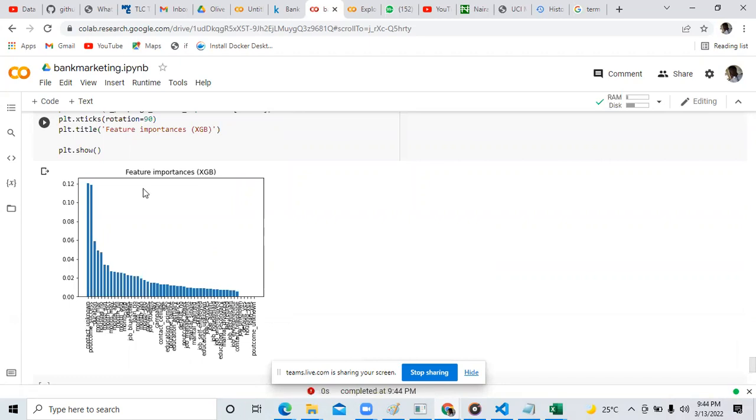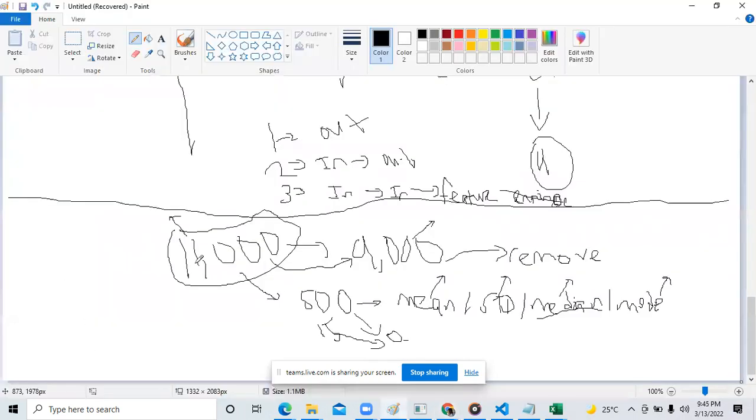So for example, the most important feature for this project is contact. If under contact we have 20 missing values, since it's our most important feature, I could decide to change these values to the mean.